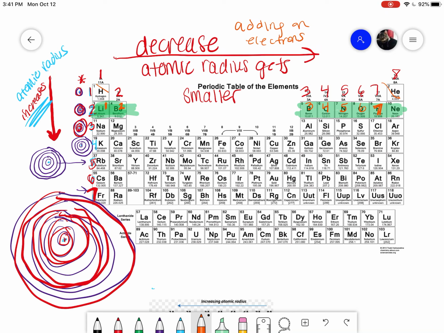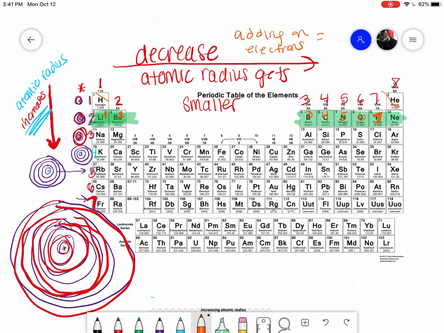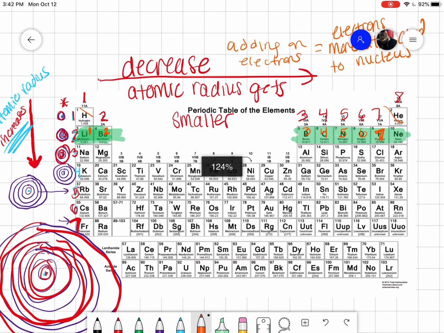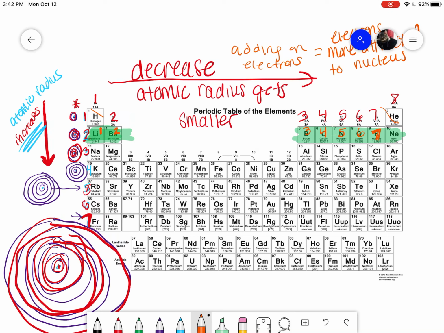And when we add on electrons, it becomes more attracted to the center. So electrons are more attracted to the nucleus. And so that is why it gets smaller as you go across.